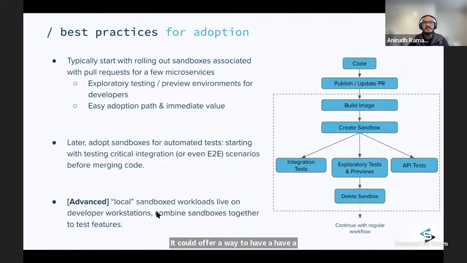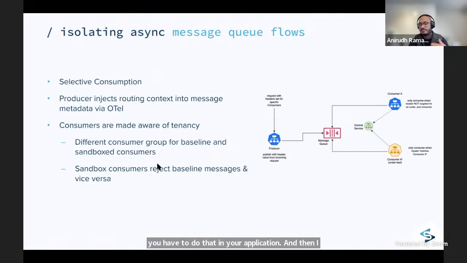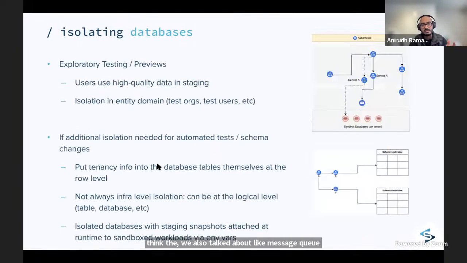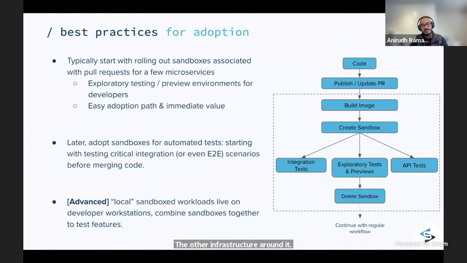But the rest of it, including OpenTelemetry and all of that, is kind of outside of Telepresence. You have to do that in your application. And then I think we also talked about message queue flows. I think that is pretty much out of scope. So I think it can definitely complement this solution by giving you the local portion, in addition to building the other infrastructure around it. So I would say it's complementary.